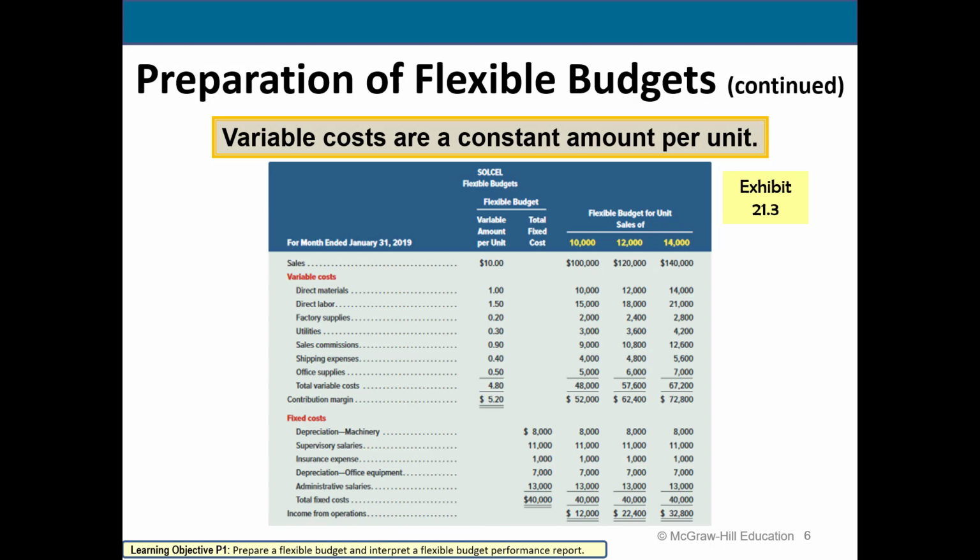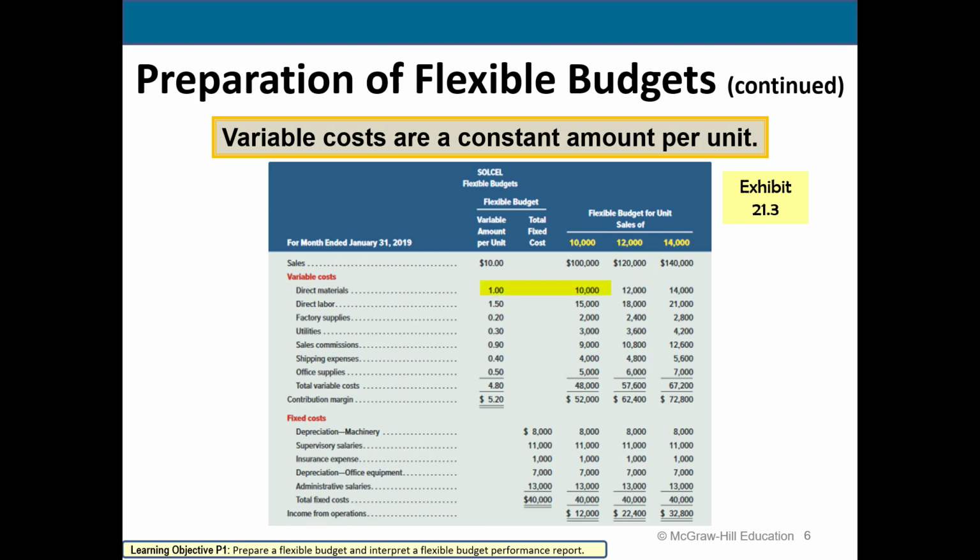Sales are budgeted to equal $100,000, which is computed as $10 per unit times 10,000. So in the first flexible budget column of 10,000 units, we can see we have sales of $100,000. Then we'll do this for all of the variable costs as well.